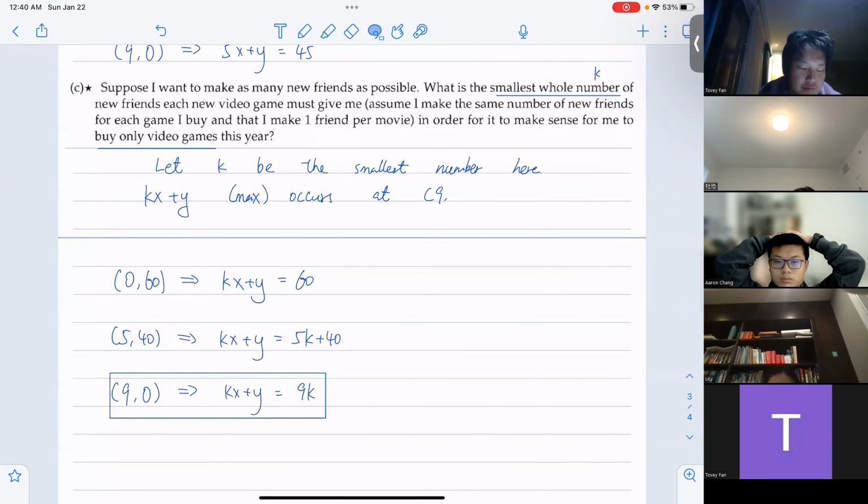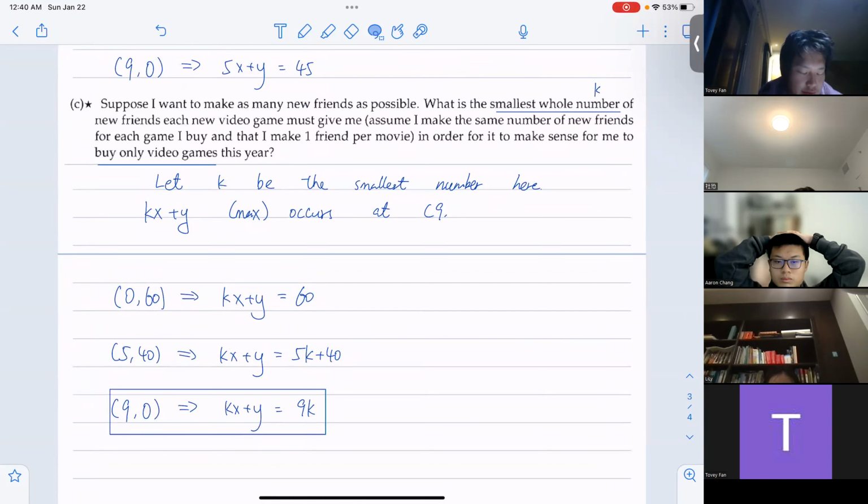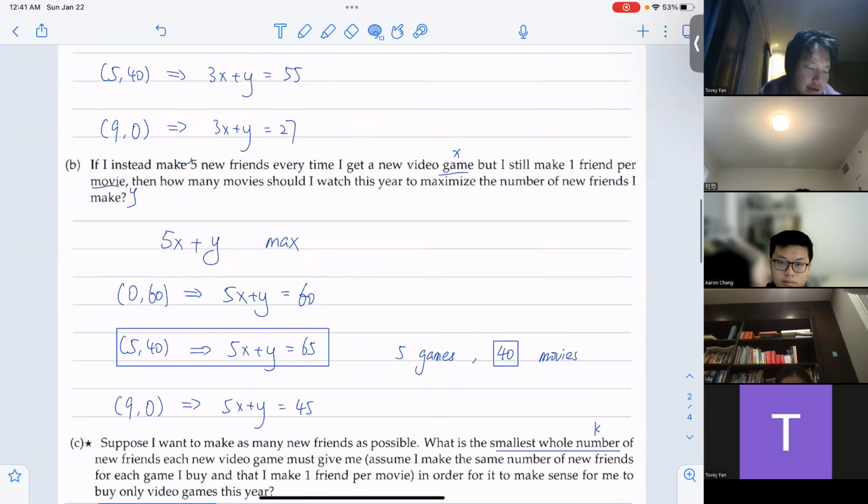In question C, the last intersection 9, 0 should give you the most number of friends. The 9k being the most number of friends, what does it mean about the others? They're all smaller than the last one. Exactly. In other words, the last one is the largest number.